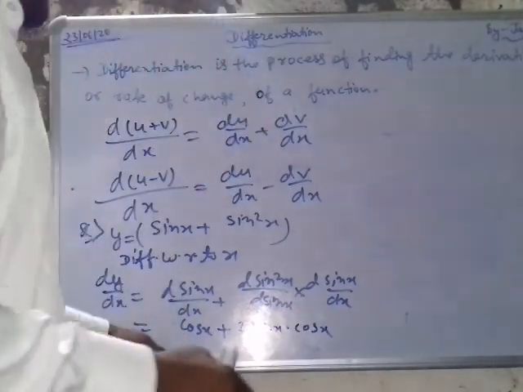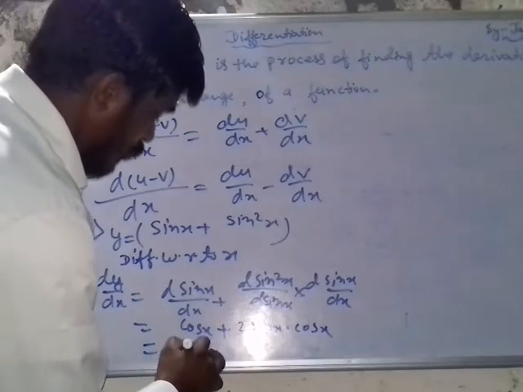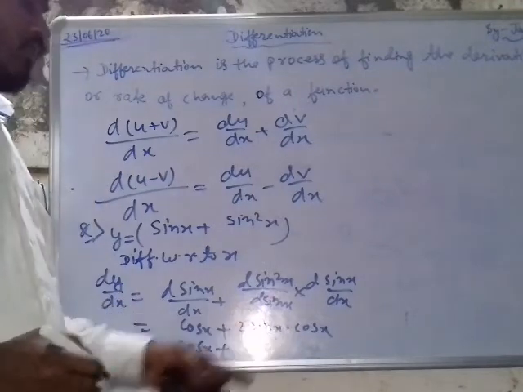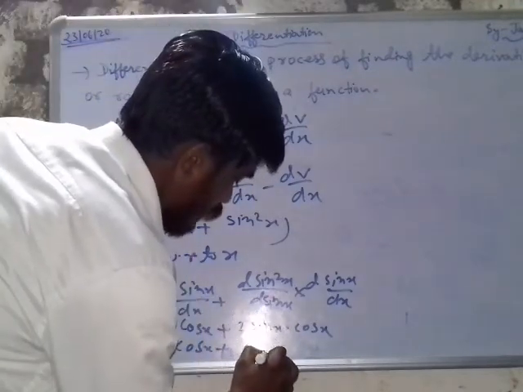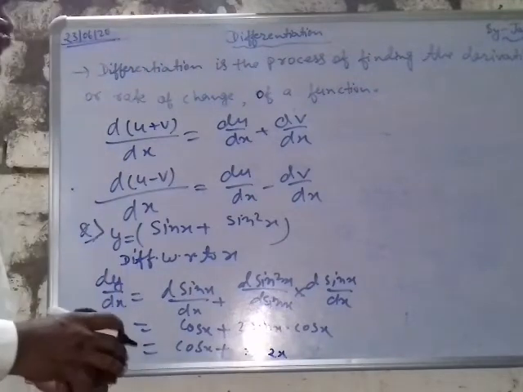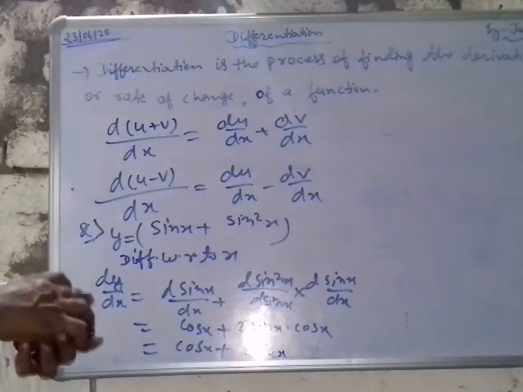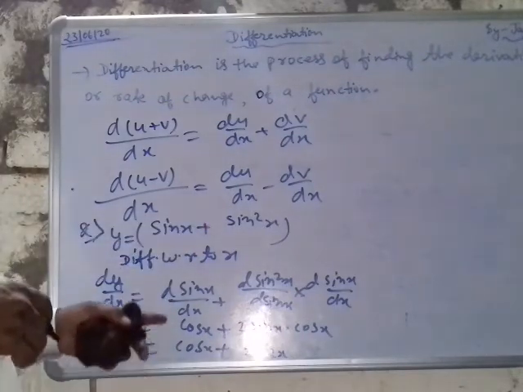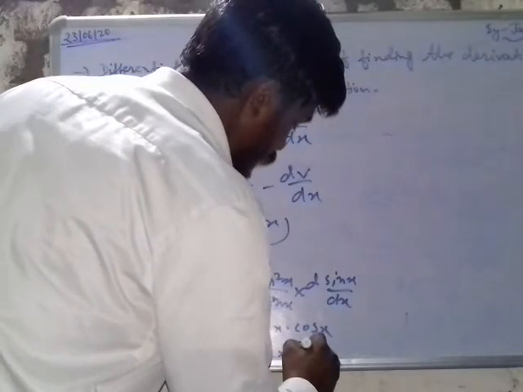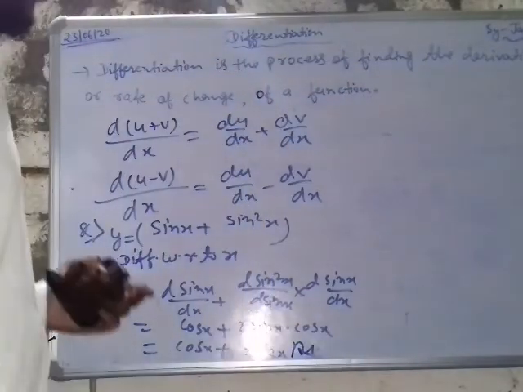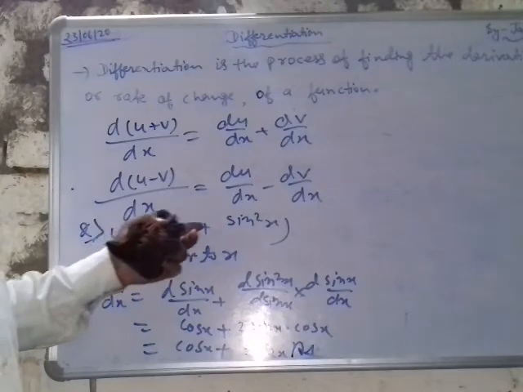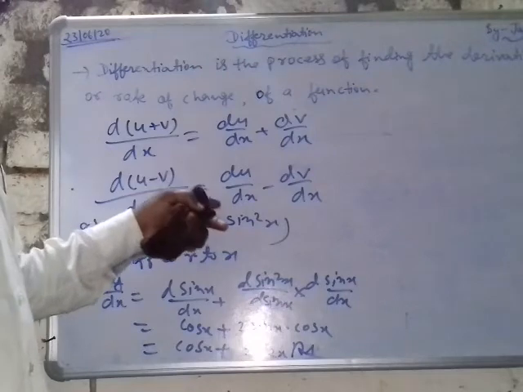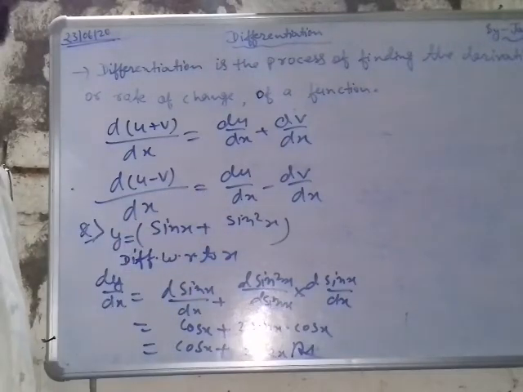Here we can write cos x, and we know that the formula for 2 sin x cos x equals sin 2x. So the differentiation of sin x plus sin square x equals cos x plus sin 2x. And if we take a function sin x minus sin square x, then we use the other formula.